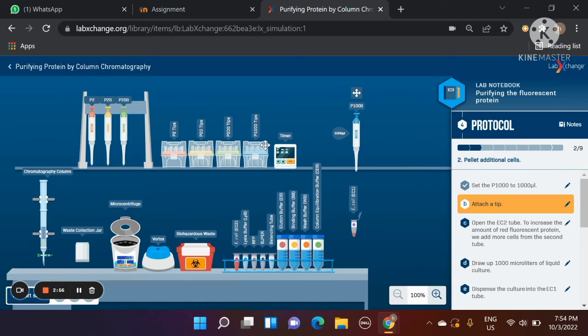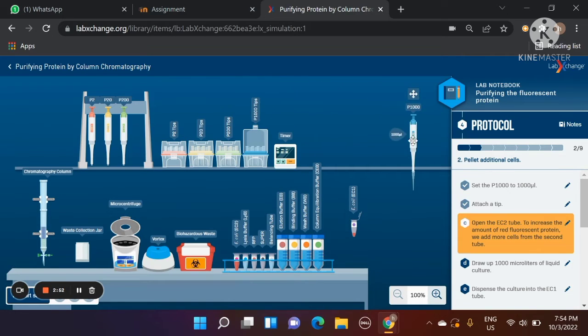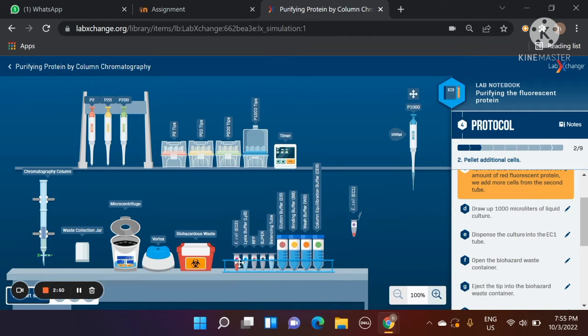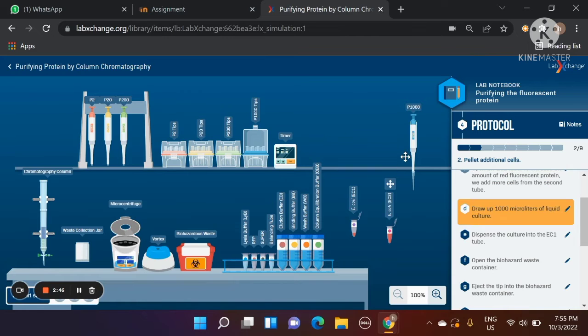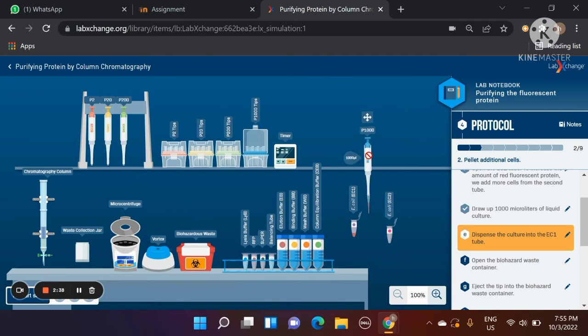Afterwards, we have to attach the tip. Then open the EC2 tube. Then we have to draw about 1000 microliters. Okay, we already got the sample. Dispense the culture into EC1. So our EC1 is already open.